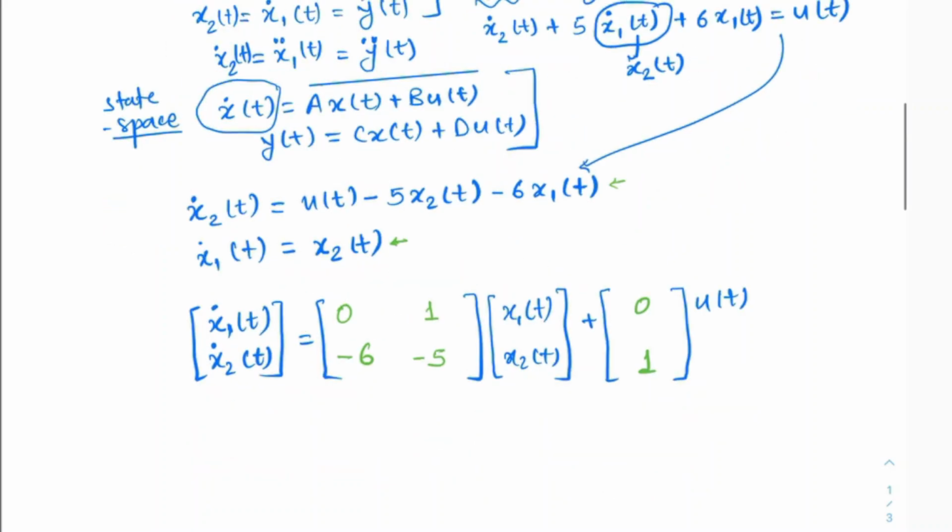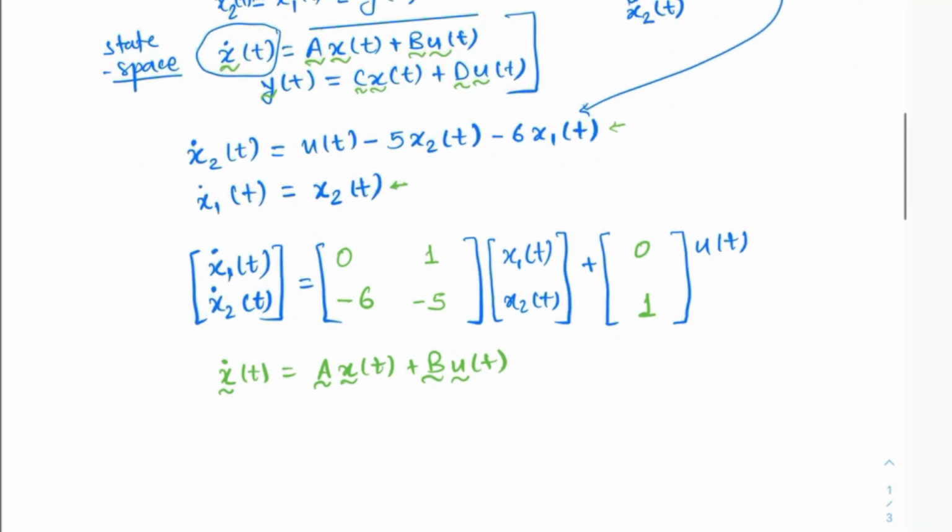So let me use this as the vector symbol. x dot of t is equal to A into x of t plus B into u of t. u in this case is a scalar.